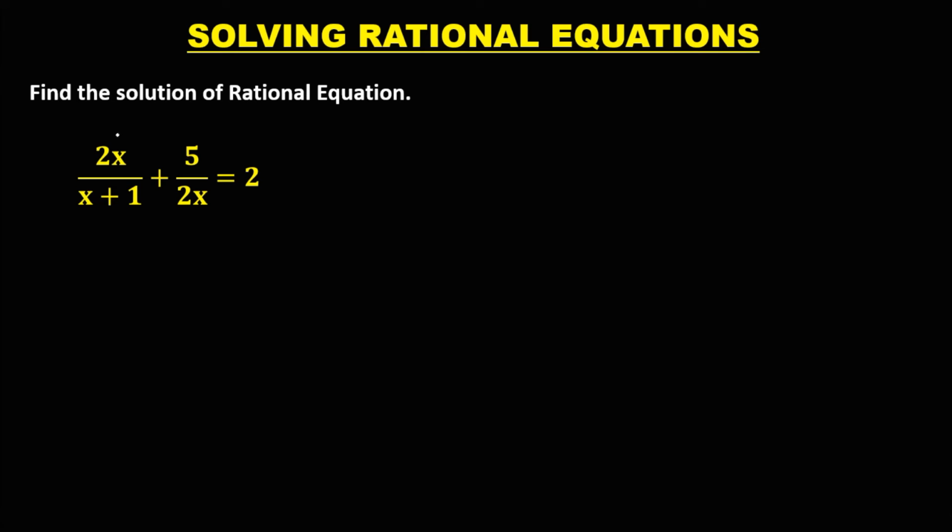Then for this given, since there are more than 2 rational expressions, we're going to use the LCD method in finding the solution of this rational equation. So multiply this whole equation by the LCD, and the LCD is just the product of these denominators.